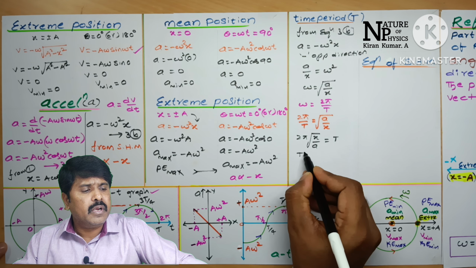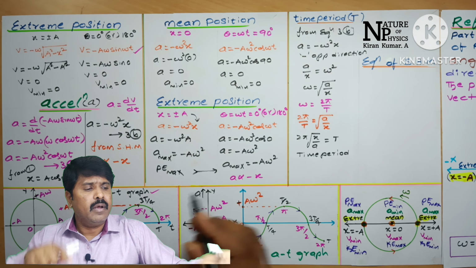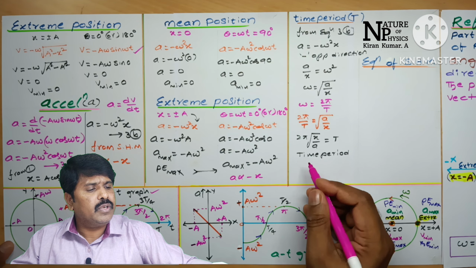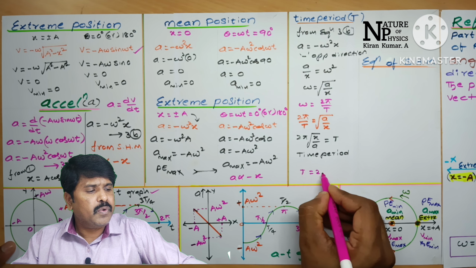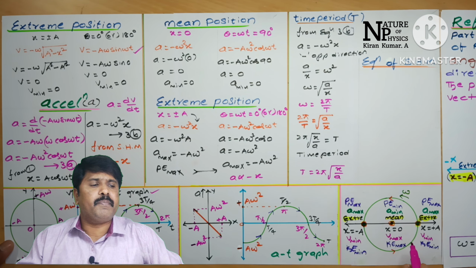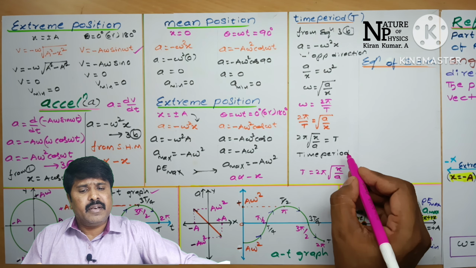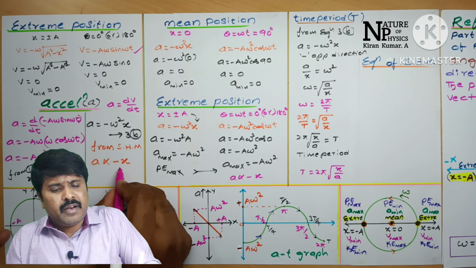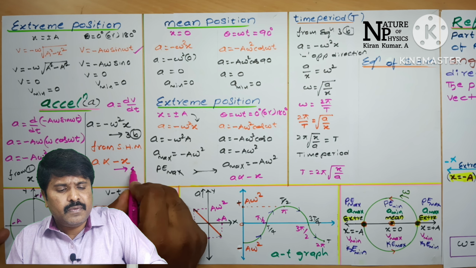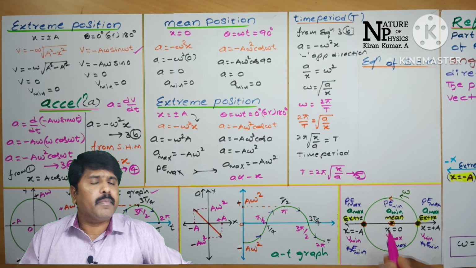Clearly we got time period t, which is equal to 2 pi root over x divided by a. Okay student, and then this I am representing acceleration relation is 4, and this is equation number 5.